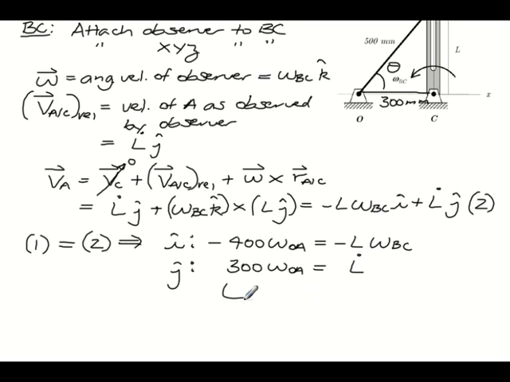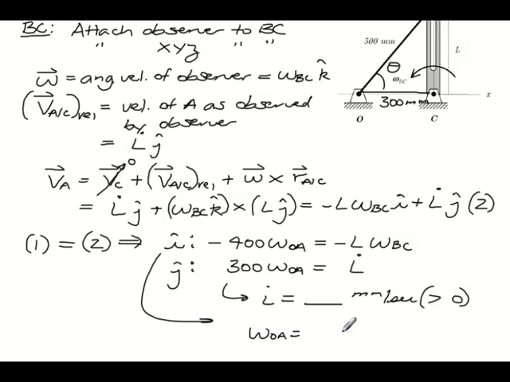So this gives us L dot. That number is going to be in millimeters per second. It's a plus. And all the plus means is that my guess was right, in that it was moving up as seen by our observer. So that's good. And then omega OA is going to be equal to L divided by 400.